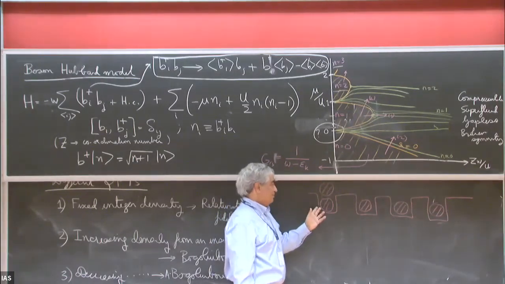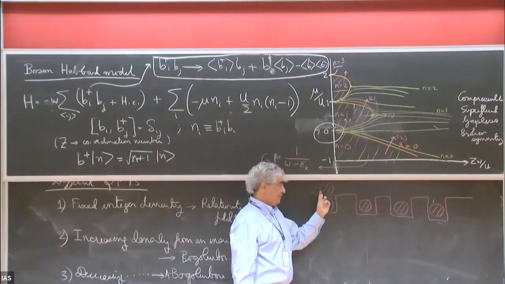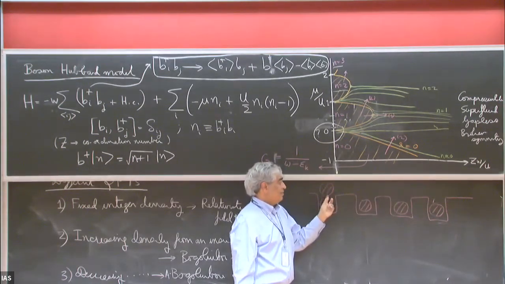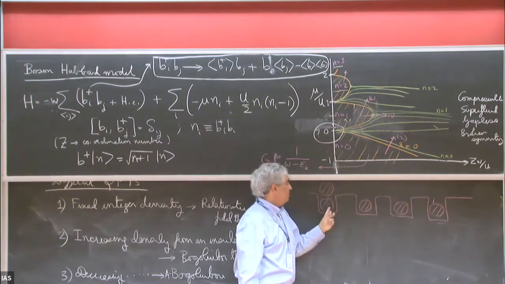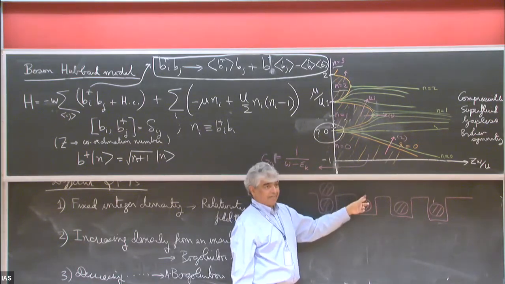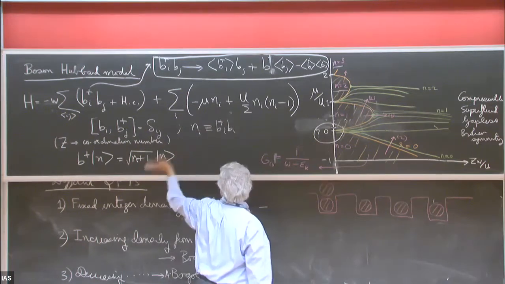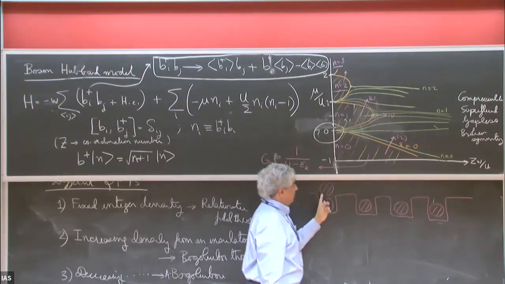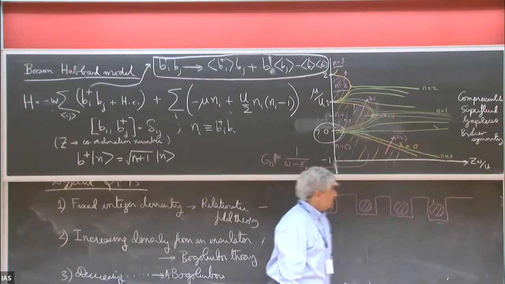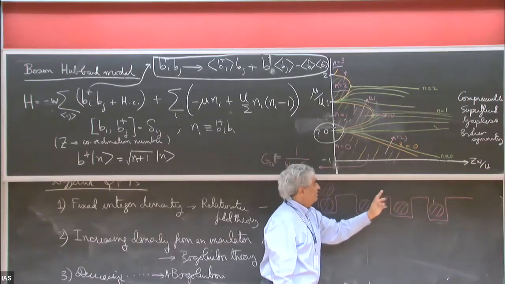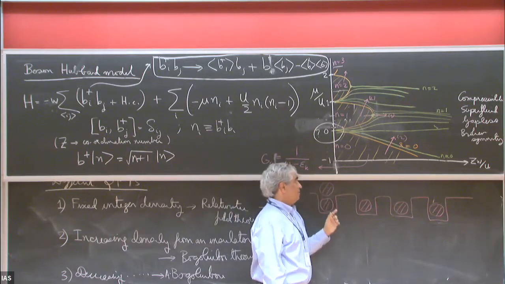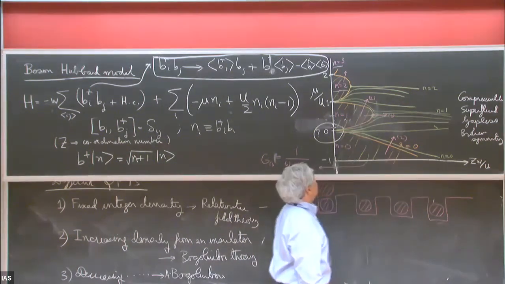So to leading order, I can just forget about these bosons here and just consider the extra boson. And that extra boson that's moving around, the only effect of these stationary bosons will be that its hopping matrix elements will be larger by a factor of 2 because of this Bose enhancement factor, the square root of n that I wrote here. But other than that, the fact that there is this insulator sitting around doesn't change anything. And this thing can just move around. And so the Bogoliubov theory, the theory of dilute bosons, applies to this extra boson. And that's kind of how you understand this result.